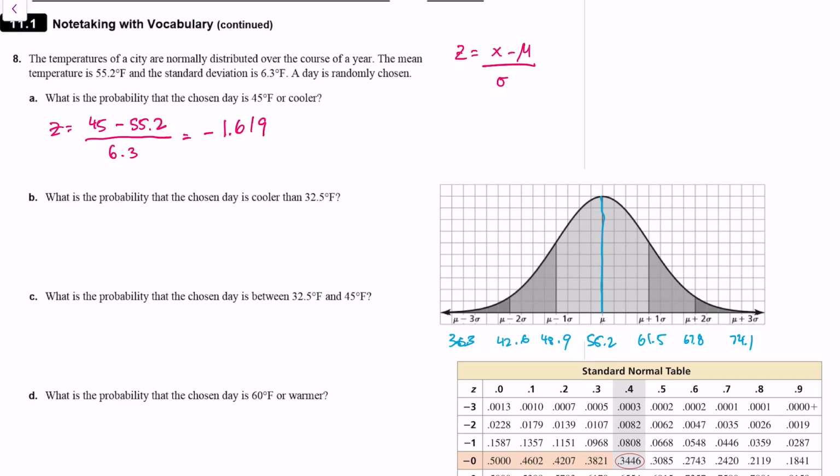So if I look for negative 1 right here, and then I go to 0.6, I see that I've got this number of 0.0548. All right, so let's go ahead, I'll write that down. This in turn goes to 0.0548.